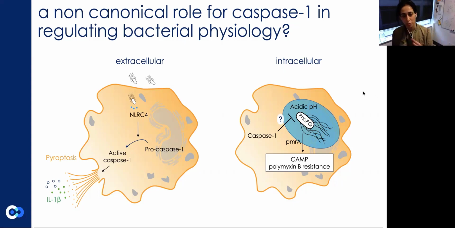So it's not going to be self-sufficient in controlling Salmonella infection, but there is evidence that when you lack pyroptosis, that is, when you lack caspase-1, Salmonella then starts to preferentially induce apoptosis in macrophages, but that is not self-sufficient for controlling the infection.